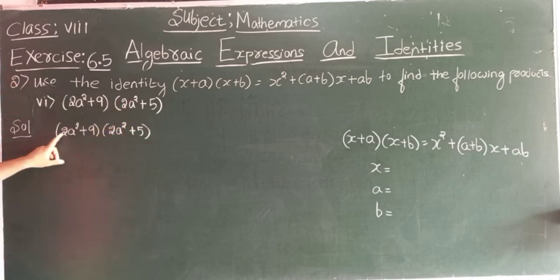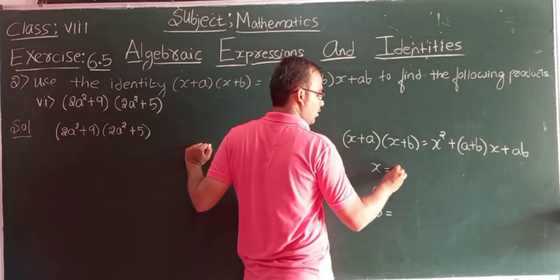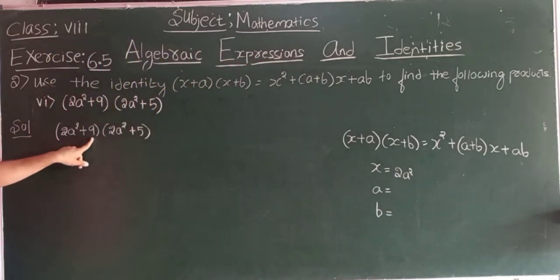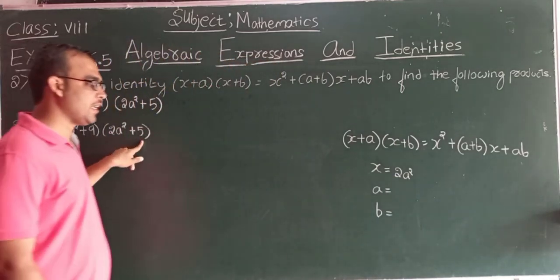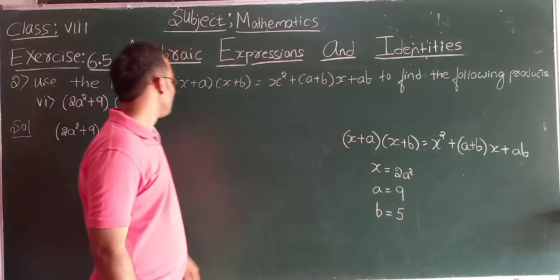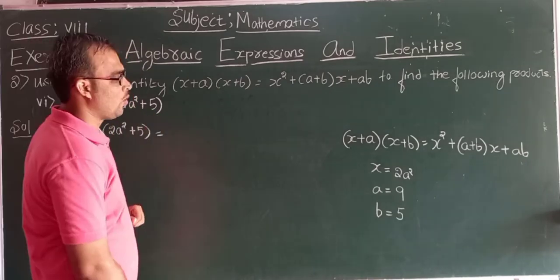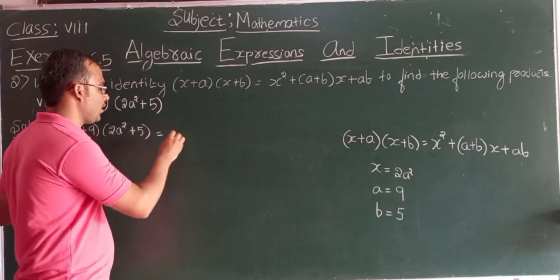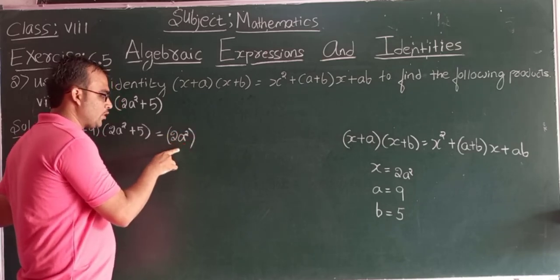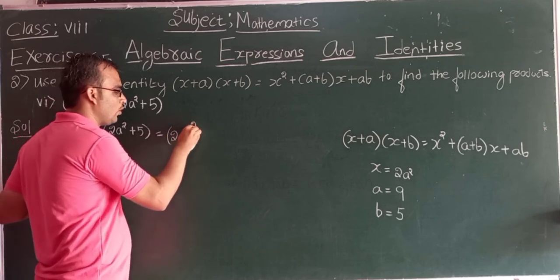Now look here, compute this with the given identity. In place of x, what is there? 2a square. In place of x, 2a square is there. Next, in place of a, 9 is there, and in place of b, 5 is there. Now according to the formula, x square. x means 2a square, so x square means 2a square whole square.